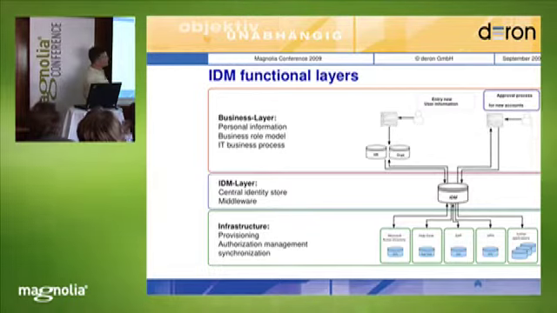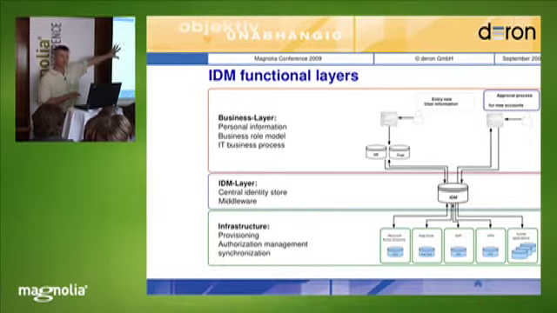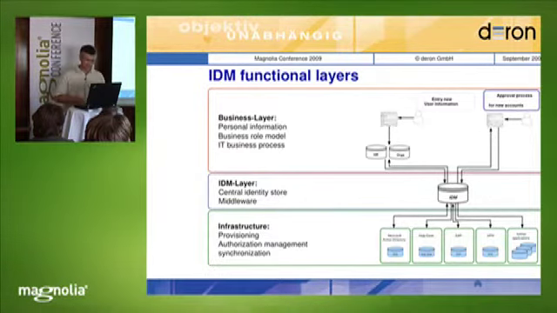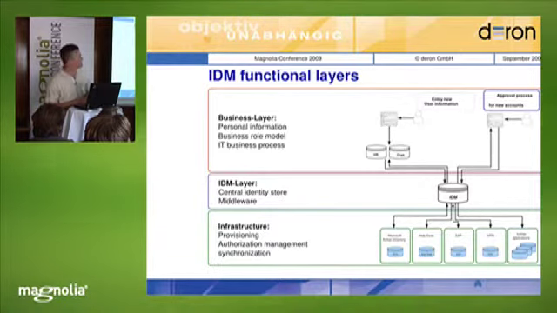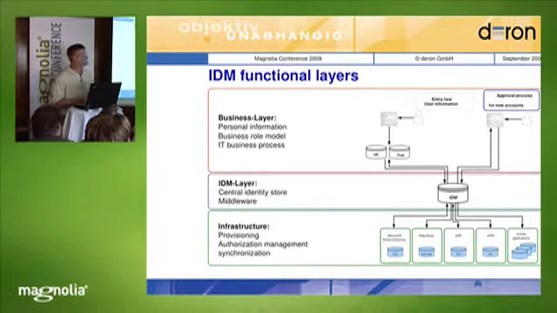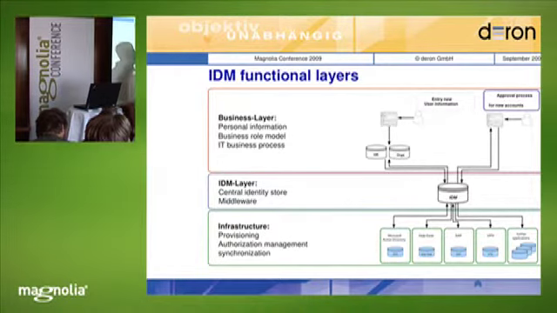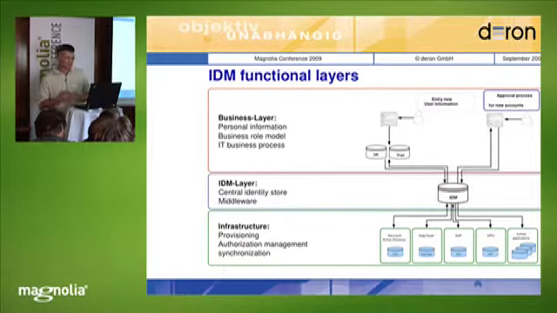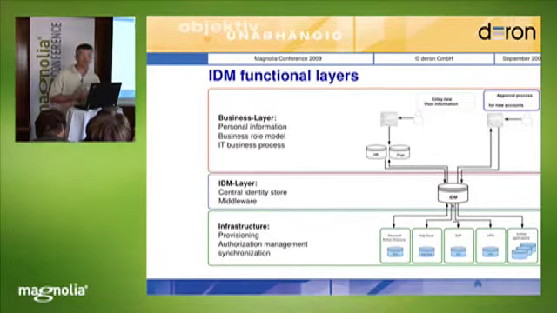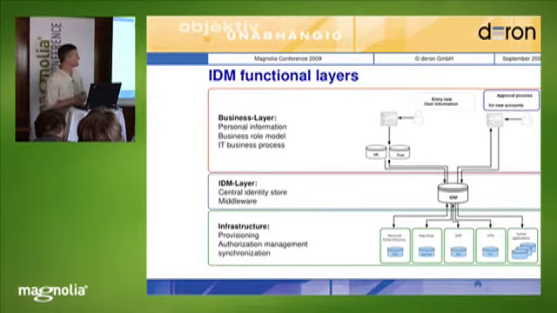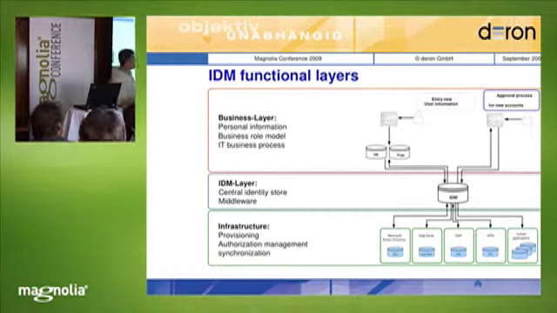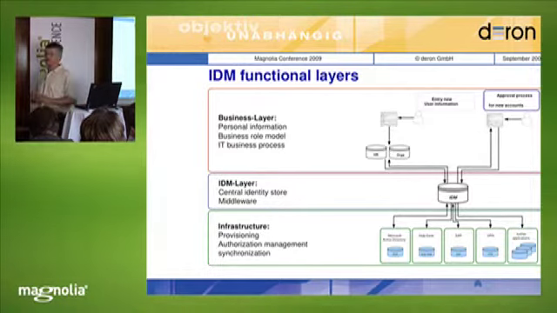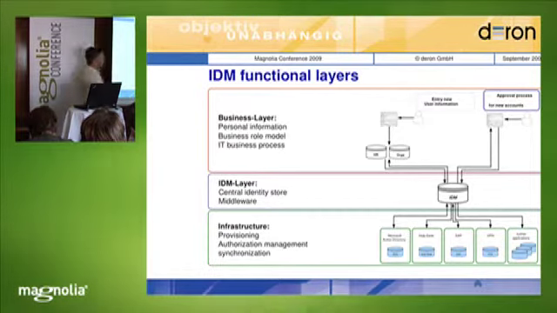Now if you look at the flow in these functional layers, let's think about the process where an employee starts working for a company. Typically you have an HR system, and in this HR system, let's say a data set will be created, SAP for example, and the identity management synchronizes with this HR system, for example, on a daily basis.